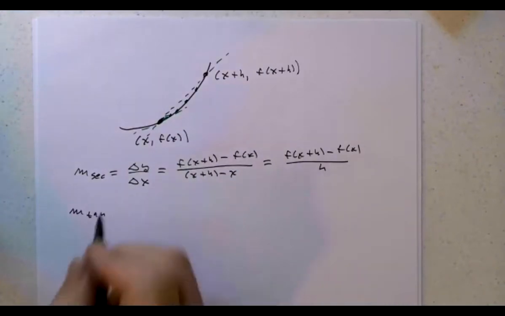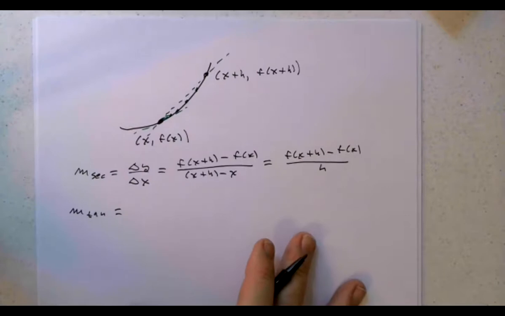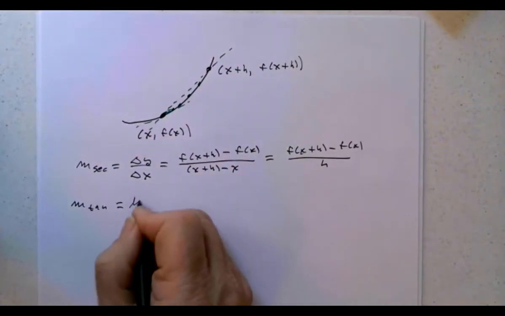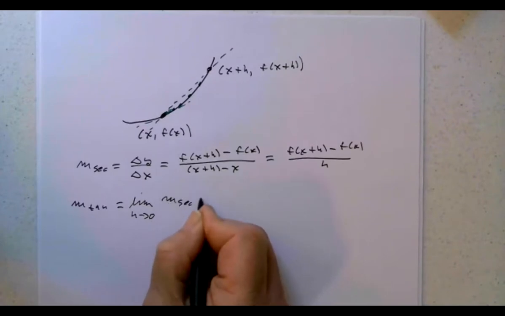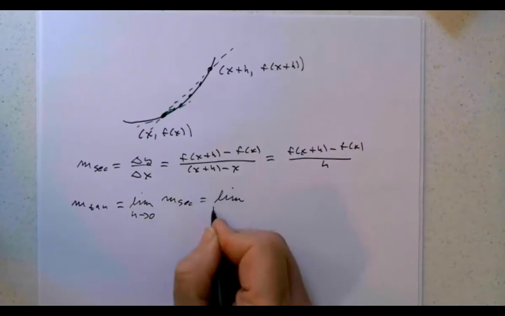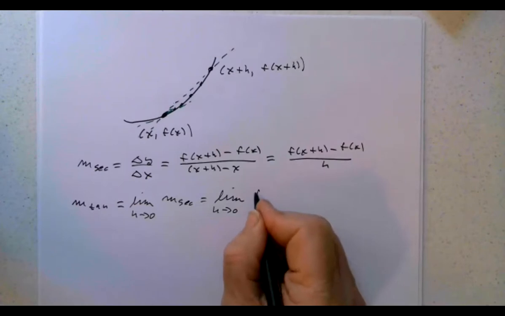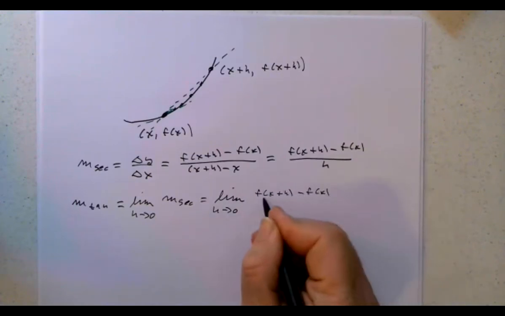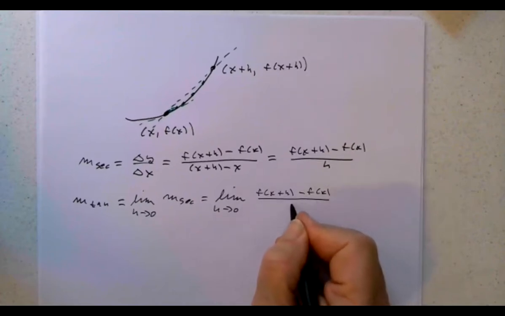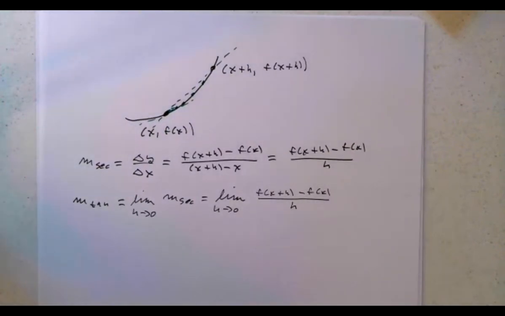So the slope of the tangent is the limit as h goes to 0 of the slope of the secant, which is the limit as h goes to 0 of f of x plus h minus f of x over h. That's our idea. And that is called the derivative function. At every point x, that gives you the slope of the tangent at that point x.